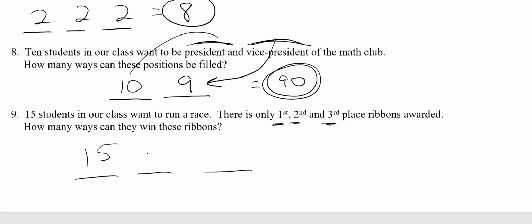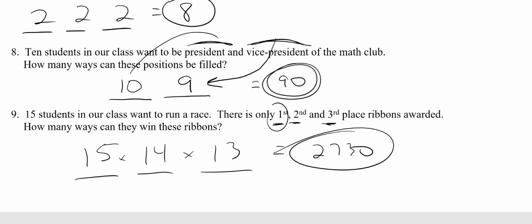Well, 1 less because you already used 1 in first place. So it's 14. Now I used 1 for this one. So how many goes for third place? Should be 13. So you multiply all those together, and you get 2730.